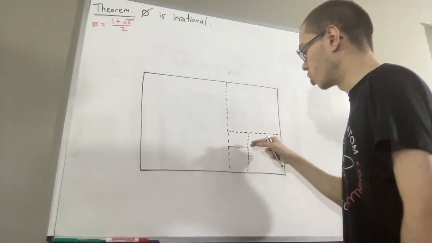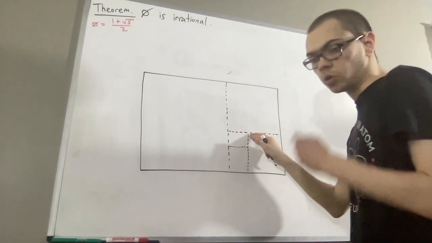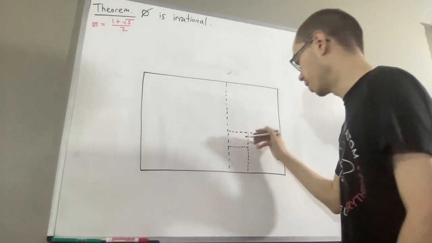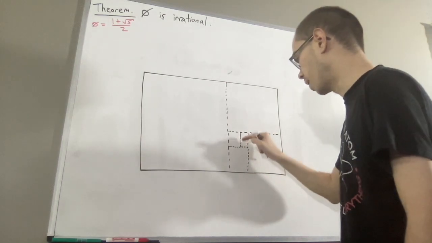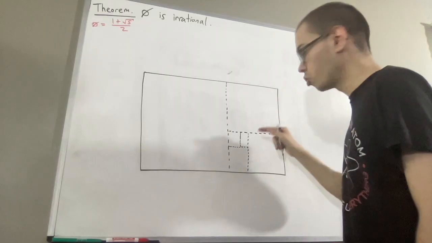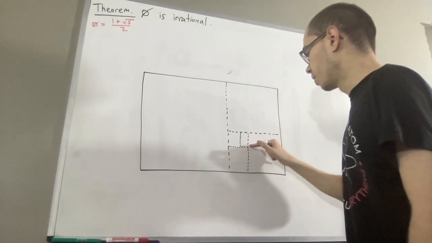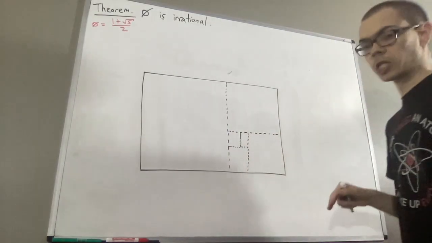And it is still true that the ratio is the golden ratio. So then doing that again, we split up our rectangle so that right here we have a square, right here we have a smaller rectangle, and it is still true that the ratio of the longer side length to the shorter side length is equal to the golden ratio.